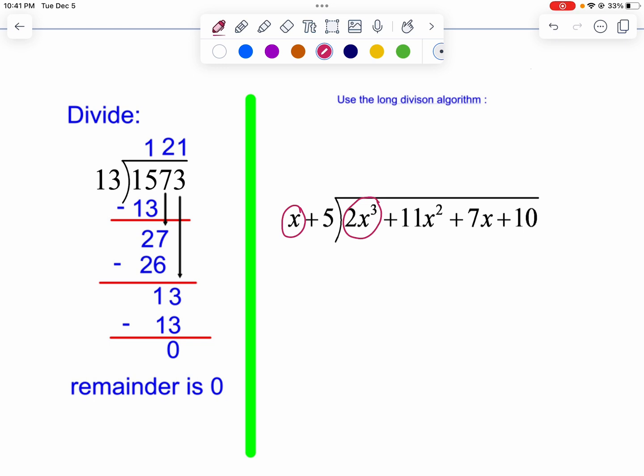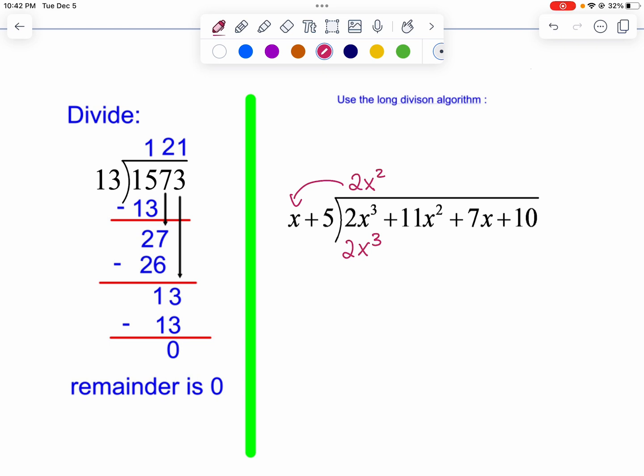Well, we know if we multiply that x by a 2 and an x to the second power, which we know is a part of our division algorithm, it will give me the exact same term here. So it will be 2x to the second times x is 2x to the third.